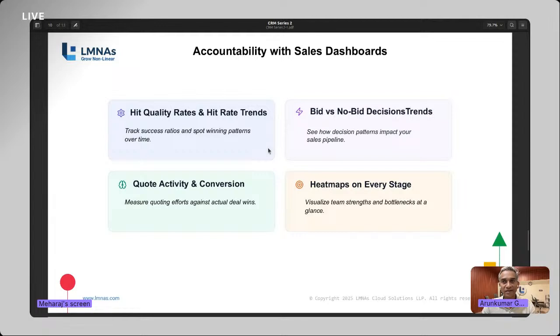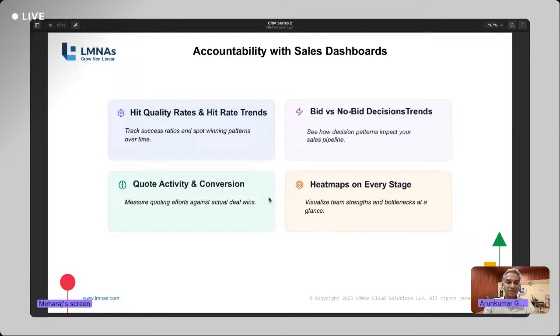On the plain side, it looks very simple, but there are relationships between all these things, such as how the bid or no-bid decisions have been made. Again there are the heat maps and quotation activity, whether a quotation is sitting idle or in a dormant state, or has already expired and gone unnoticed.